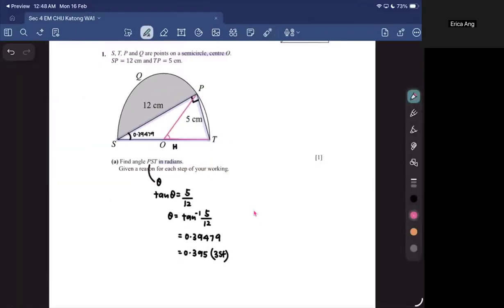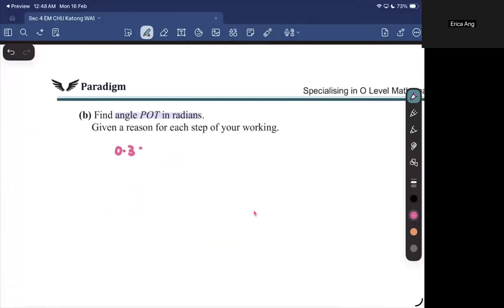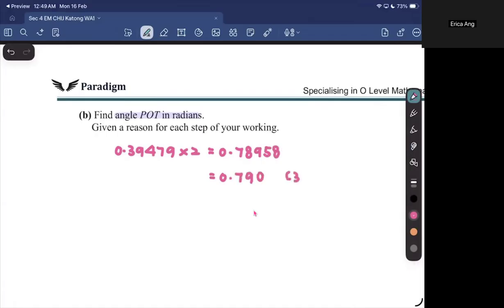All you need to do is 0.39479 multiply by 2, which gives 0.78958. Three significant figures, because it's radian.